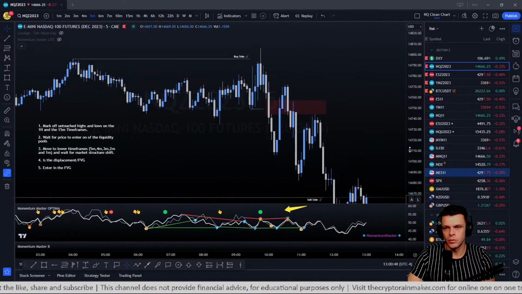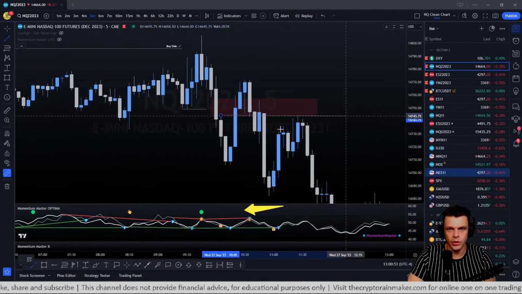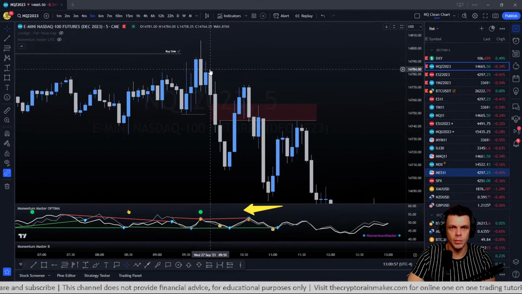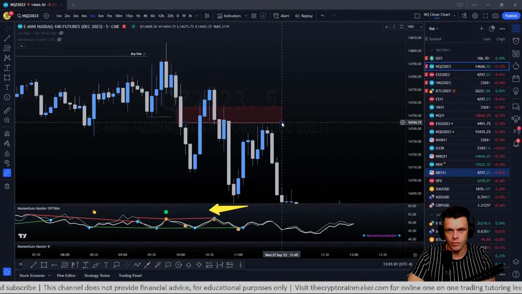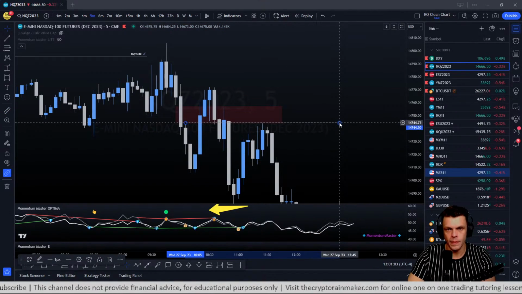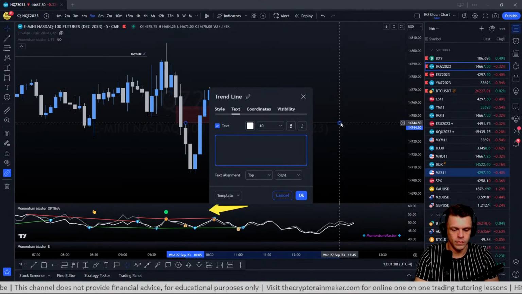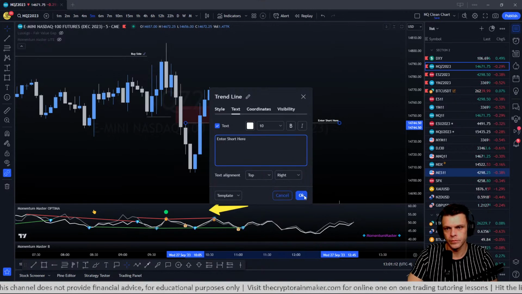So you can put your limit entry right there with your stop loss above that high. So enter short here.